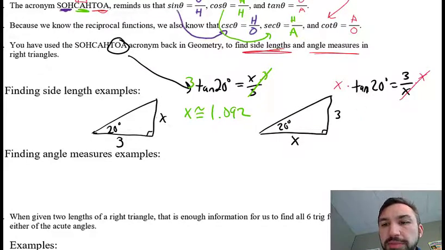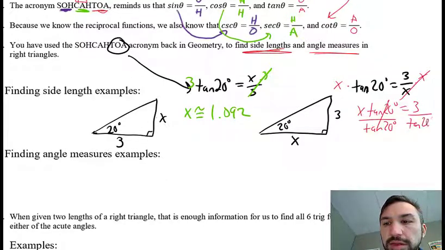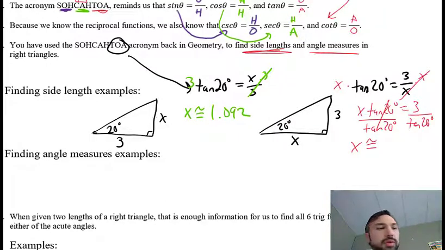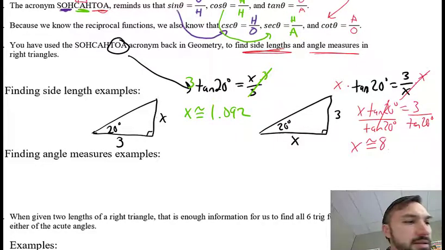So you could multiply both sides by x so that you didn't have fractions. And then tangent of 20 is just a number. So undo multiplying by tangent of 20 by dividing by tangent of 20. And you get x is 3 divided by tangent of 20. My calculator tells me that is about 8.242.